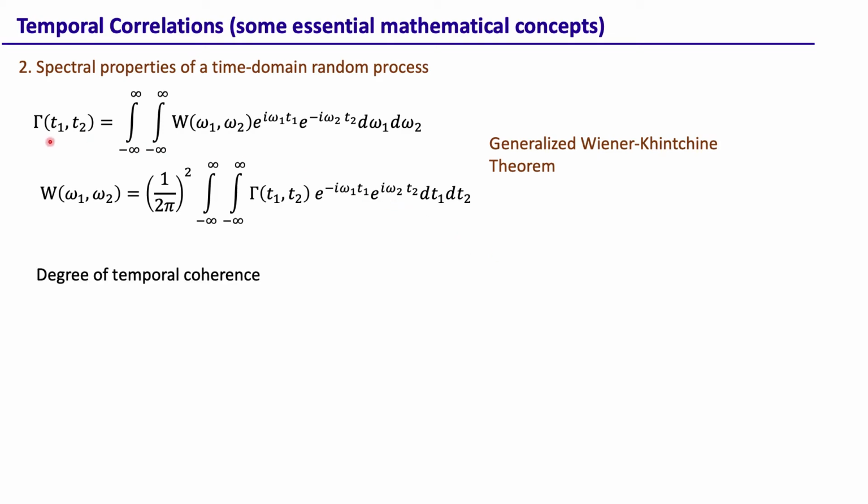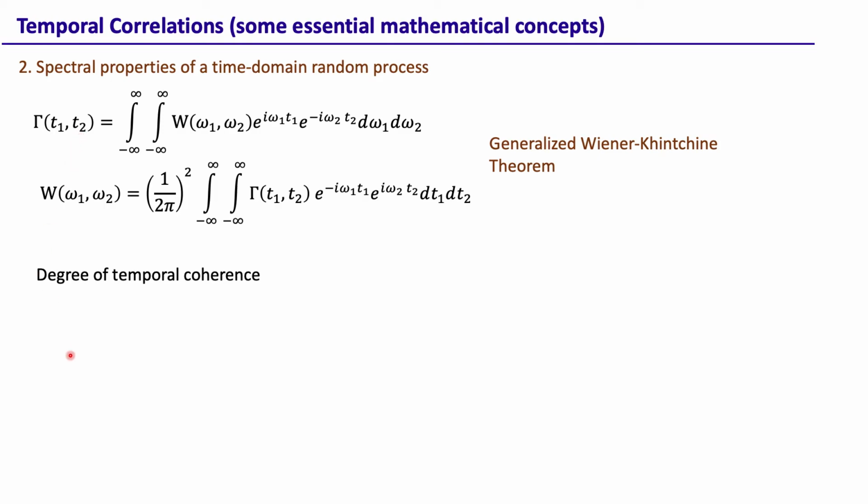Now, this cross correlation function is the correlation in time, and that represents the correlation between frequencies omega 1 and omega 2. So for this function that represents correlation between times t1 and t2, one can define the degree of temporal coherence, and the way it is defined is as follows.